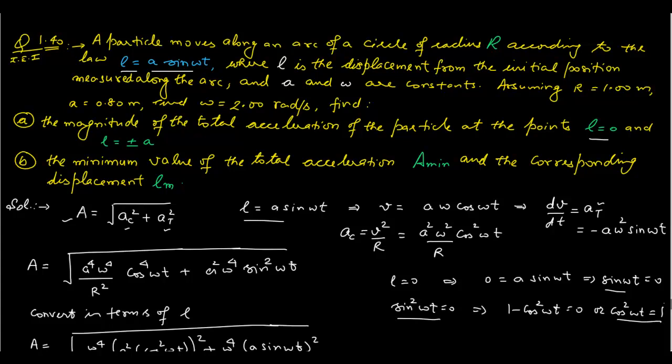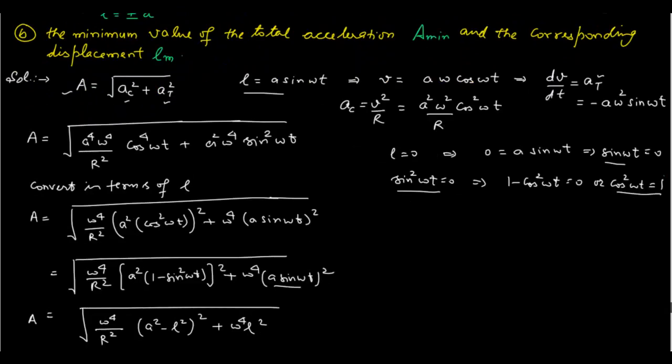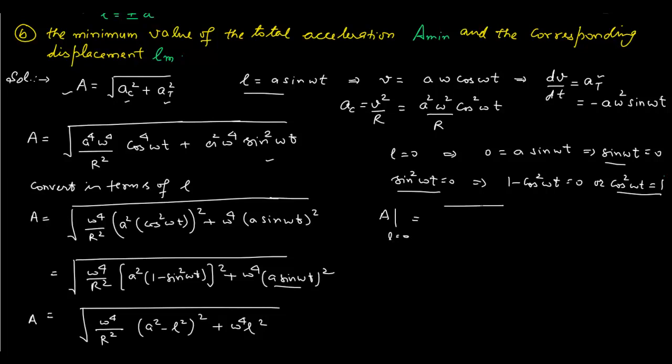And if you substitute these two values in this equation for L equal to 0, you will get A for L equal to 0 with cos square omega t.